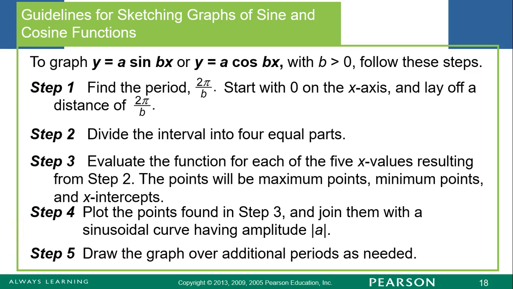So here are the steps that I've been going through. I think your book has pretty much the same steps. To graph either a sine or a cosine function that has a different value of a, and a value of b being multiplied to x: first, find the amplitude and find your period. Then divide your period into intervals of 4 equal parts, multiplying your period by 1/4, 1/2, 3/4.